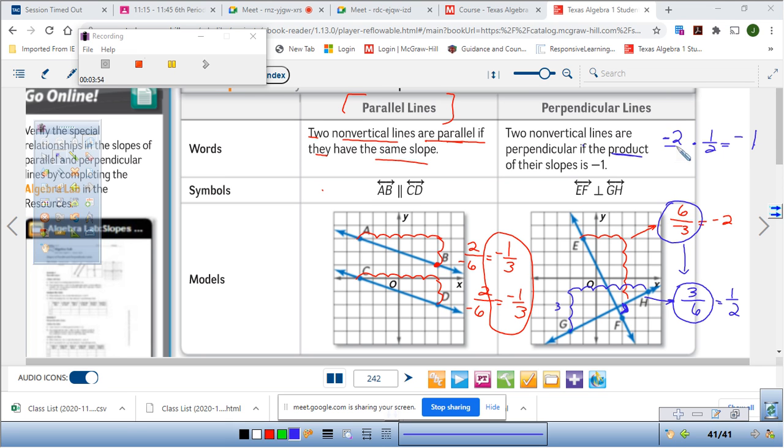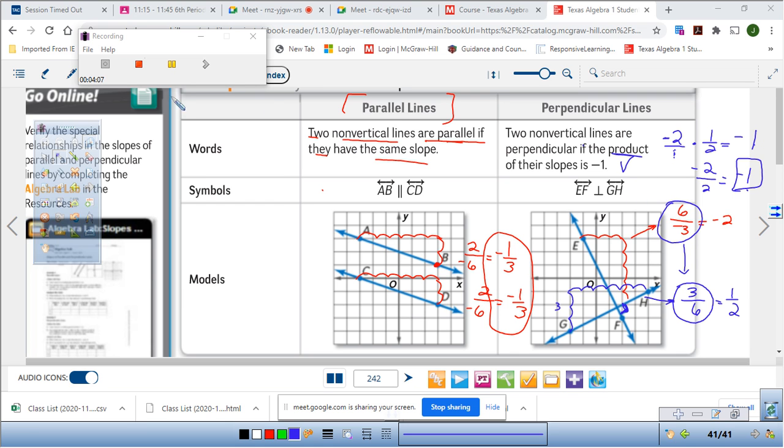Negative 2 over 1 times 1 over 2 gives me negative 2 over 2, which gives me a negative 1. You see that? It satisfies this. So these lines are perpendicular to each other.